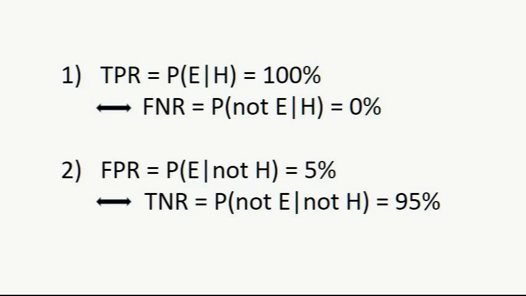And we also know the false positive rate, which is the probability that the coach says the child is a champion, given that he isn't. That is 5%, which is the same as saying that the true negative rate, the probability that the coach says the child is not a champion, given that he actually is not a champion, is 95%.